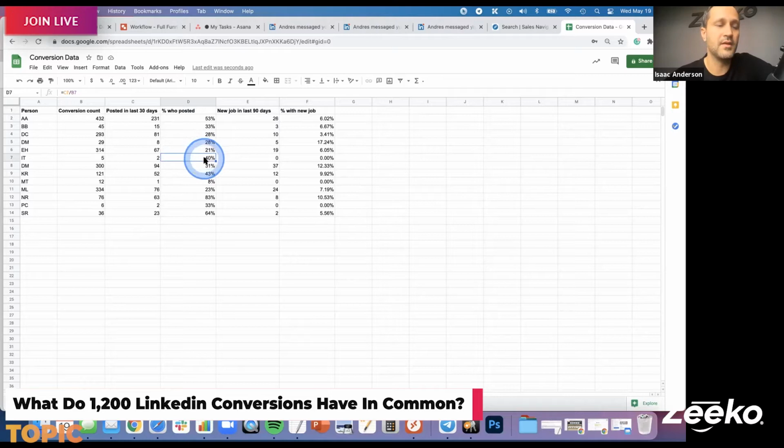This is going to be tech. This is going to be logistics and freight. This is going to be a mixture of healthcare, marketing, and HR. Who's this person? This is going to be tech. This is going to be freight. Who's NR? I don't remember who NR is.